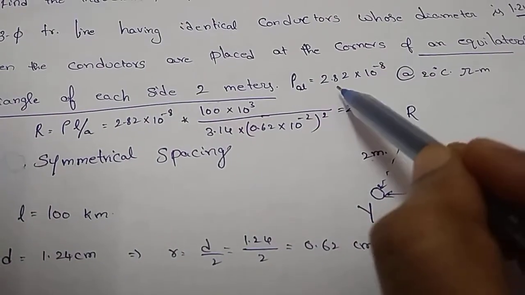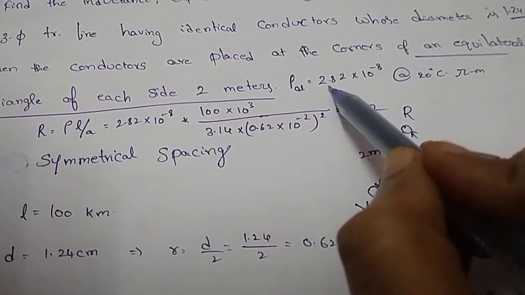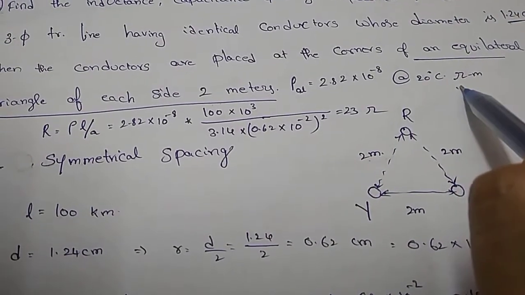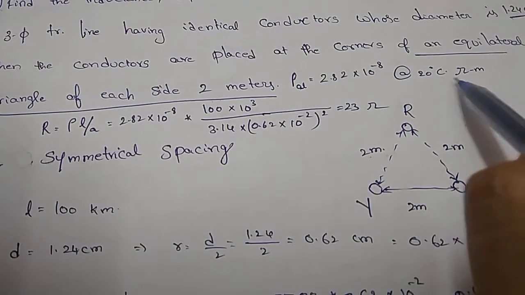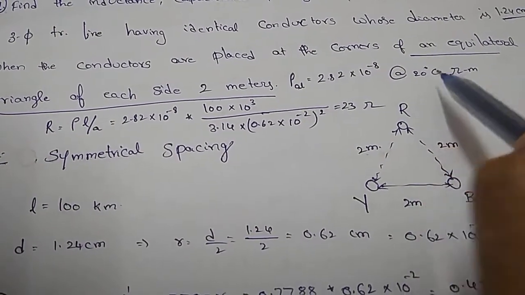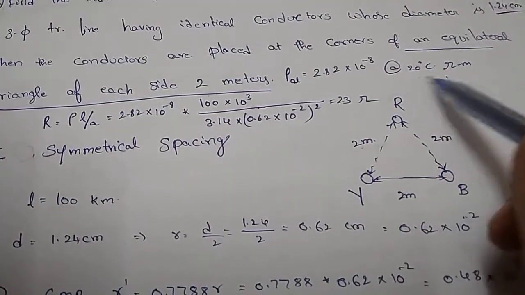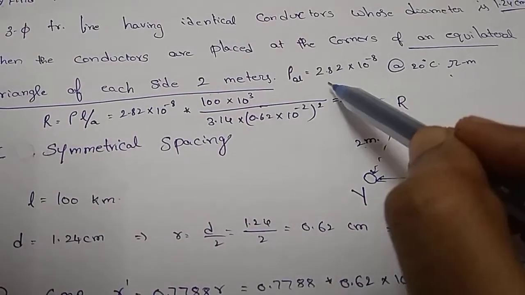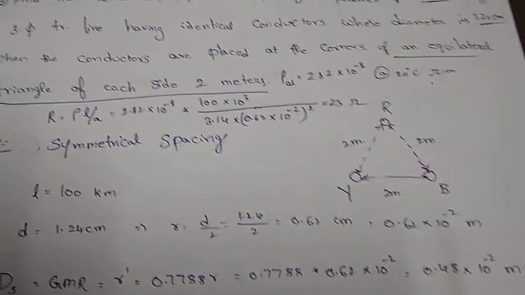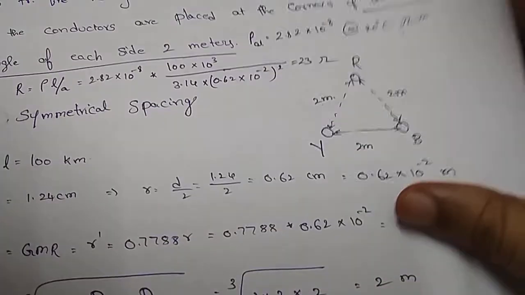So the rho value for aluminum is 2.82 into 10 power minus 8 ohm meter. That is at standard temperature mentioned in the given data sheet, so I am considering 20 degrees centigrade here.